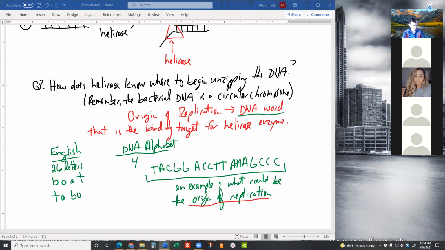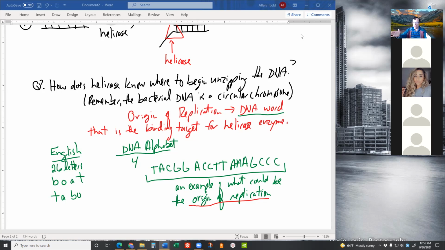Is the origin of replication sequence of A, T, C, and G the same across DNA of all organisms, or is it different? Good question, Taylor. No, it is not. I will say within certain subdivisions of taxonomy, the system of how we organize the genetic relatedness of organisms, you will find clusters and groups of similar bacteria like E. coli, Vibrio cholera.